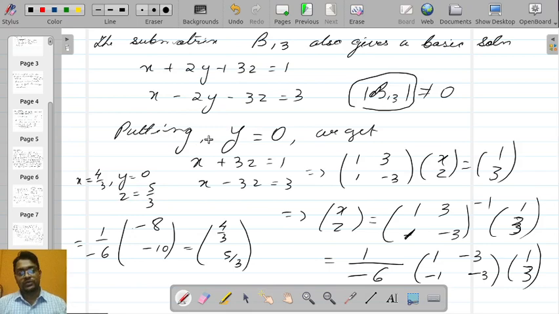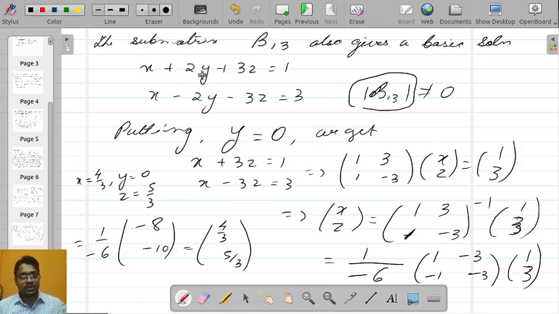So out of the n columns, I have to select m columns. In how many ways can that be done? For each selection I have to compute the determinant of the corresponding submatrix. If the determinant is non-zero, then that particular submatrix corresponds to a basic solution.